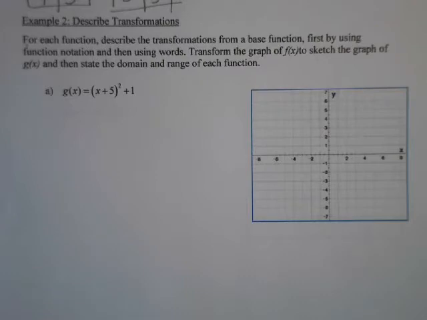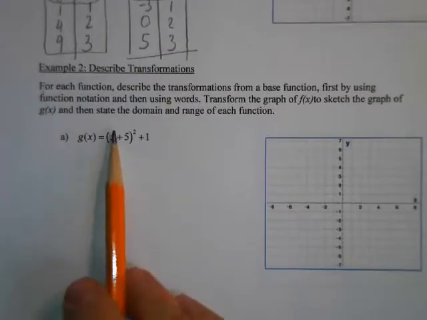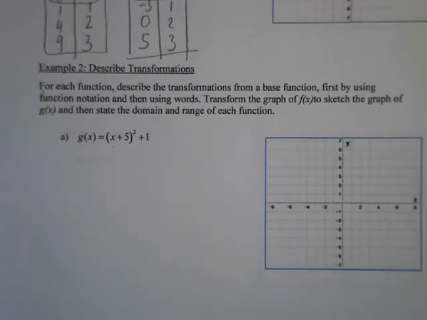For example, if it was a square root function that was the base, you would see a square root symbol. If it was absolute value, you'd see those two bars somewhere on the right side. If it was the reciprocal function, you'd see an x on the bottom of a division bar.